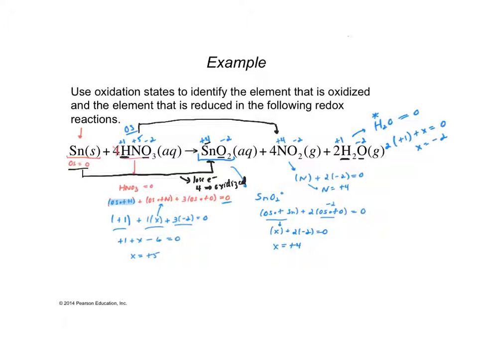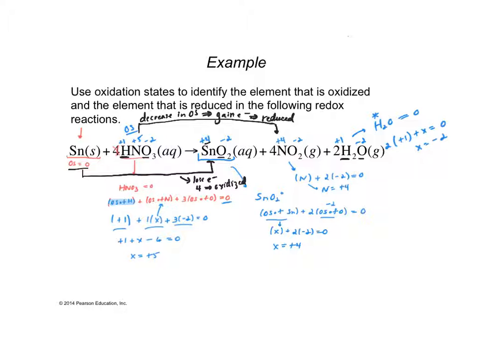Positive 5 to positive 4 is a decrease in oxidation state, meaning that it has gained a negative charge. So to gain a negative charge means to gain electrons, which means you have been reduced.